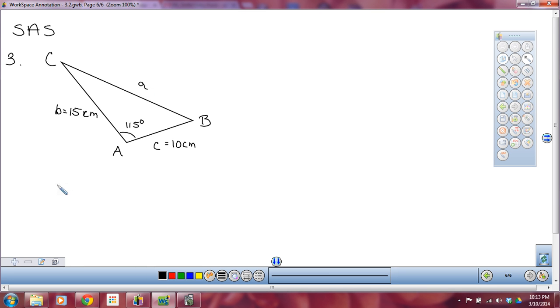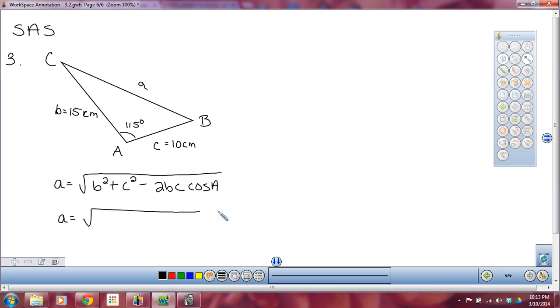So I'm finding side A. So I know that A is equal to the square root of b squared plus c squared minus 2bc cosine A. So A equals square root of b squared plus c squared minus 2 times 15 times 10 times the cosine of A, which happens to be 115 degrees.